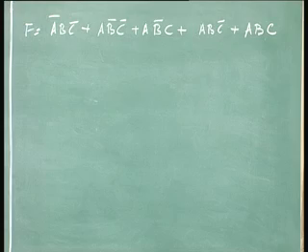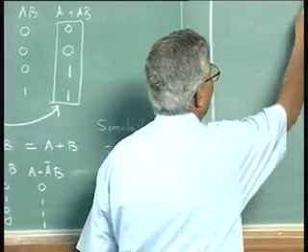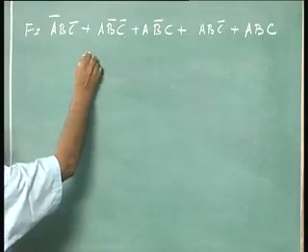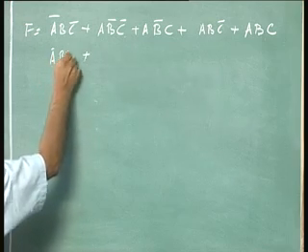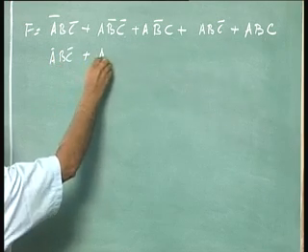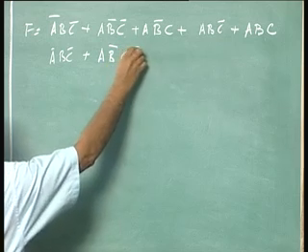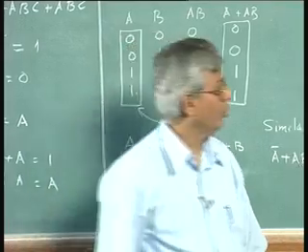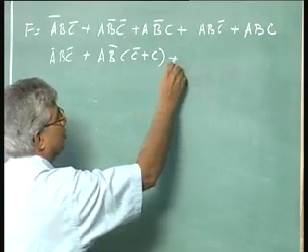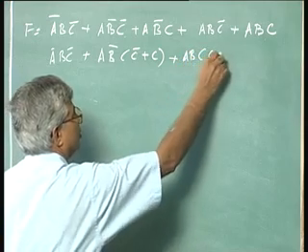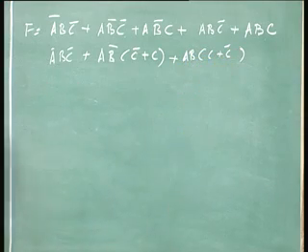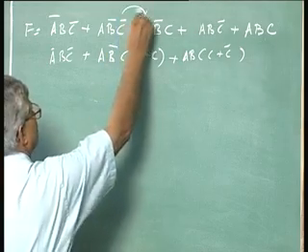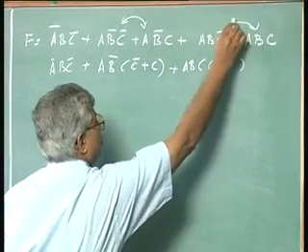Now, how do you do this? For example, can I use this formula, a b bar, c bar and c, supposing I leave this term as it is for a minute. Right, c plus c bar is what? 1. Similarly, I am combining these two terms and combining these two terms.